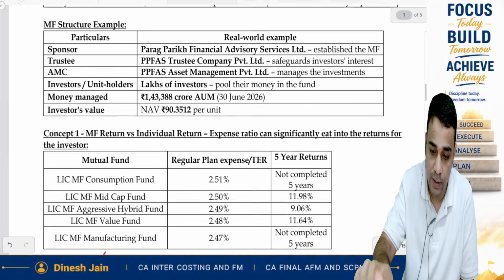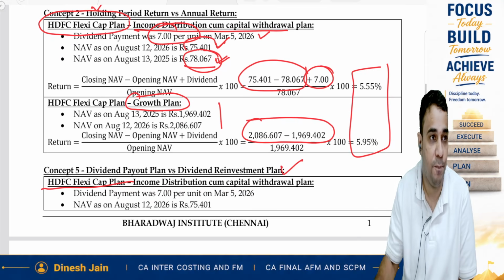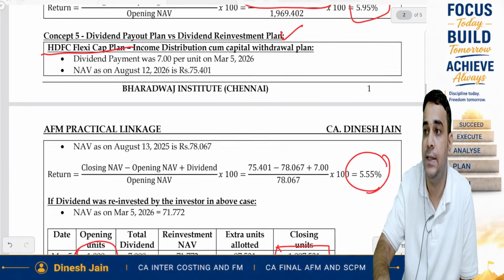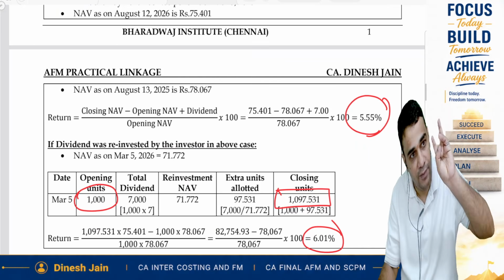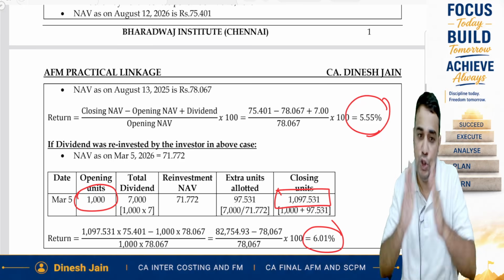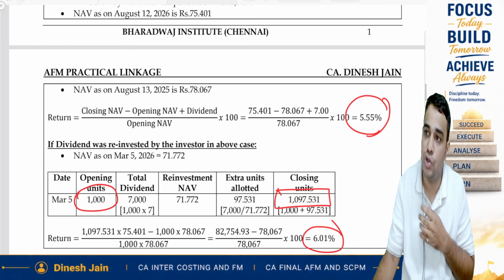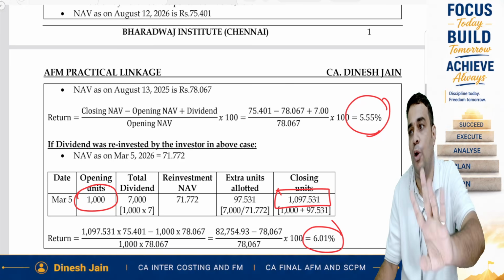There was a growth plan, 5.95. Growth plan means it doesn't pay any dividend. When dividends are paid, I am given two choices: payout, reinvestment. You can choose whatever you wish to. The MF will allow you both.